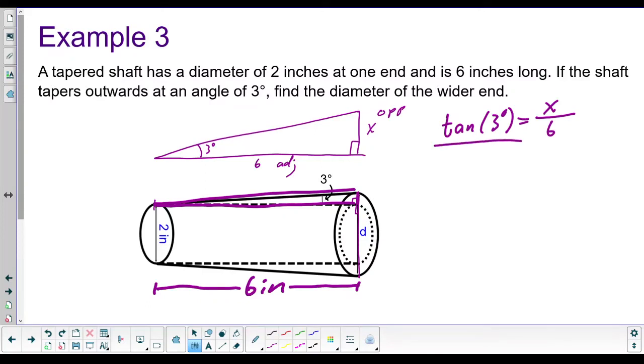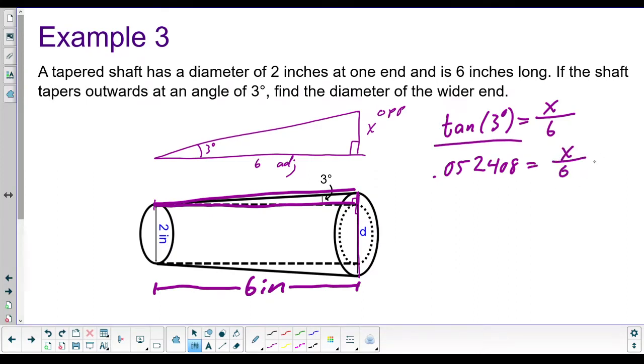Now this thing, we're going to just go ahead and throw straight into our calculator. So tangent of 3 degrees is 0.052408 equals x over 6.